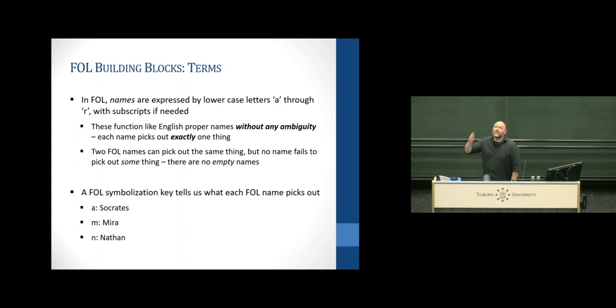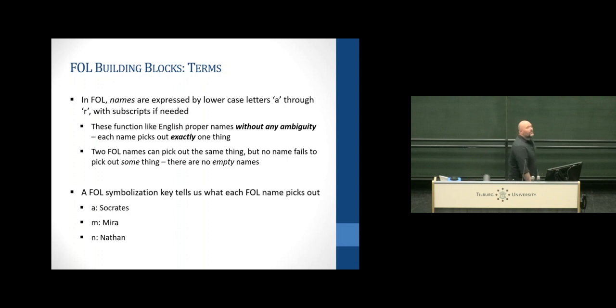In FOL, we allow one name per object. In the sense that for each name, there must be at least one object. And each name picks out exactly one thing. So we don't allow for any ambiguity. We don't allow for any kind of over-determination in the names.